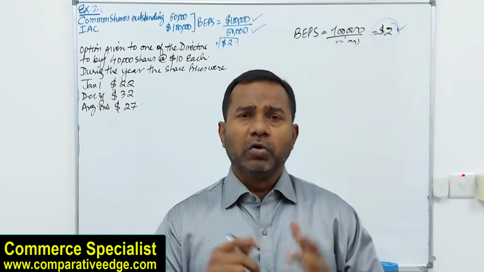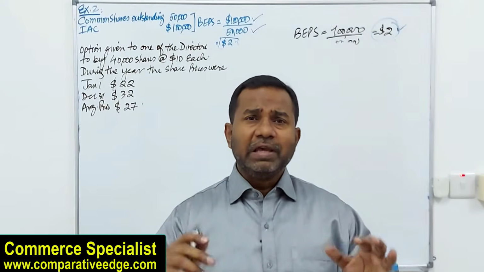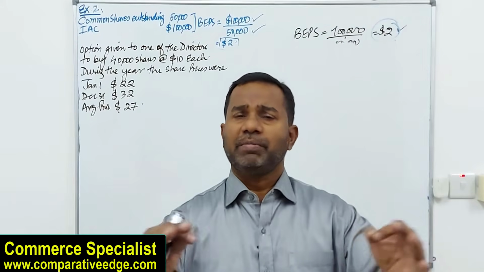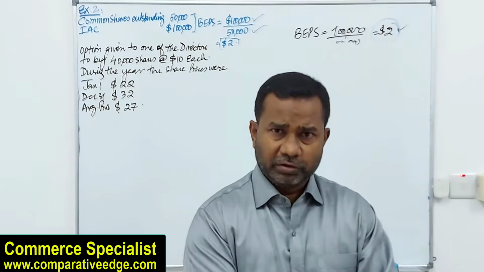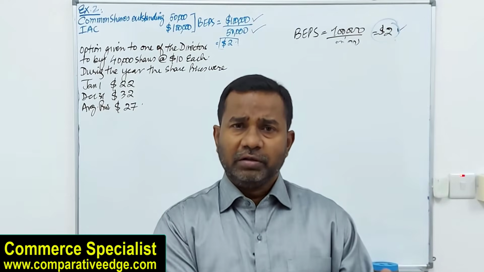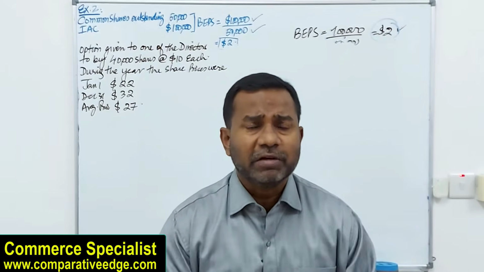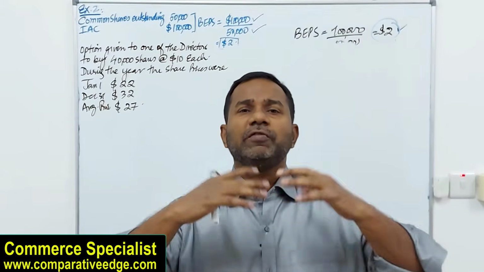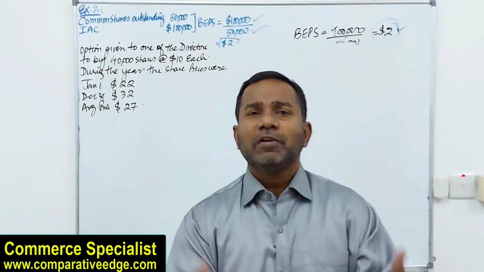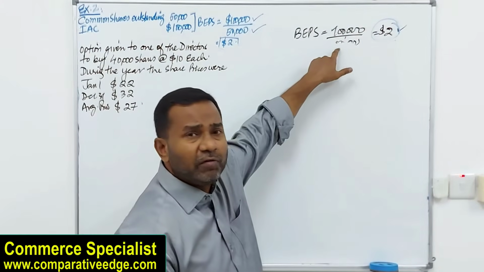So what is important to note here? The company has given an option to somebody, and that somebody may exercise the option, may avail the opportunity. And if that happens, what happens? They will buy shares. And if the company sells shares, that means more shares will be outstanding. If more shares will be outstanding, the denominator here will change.